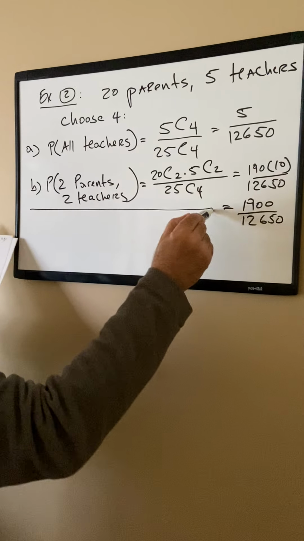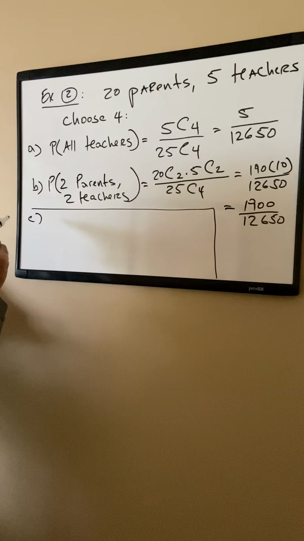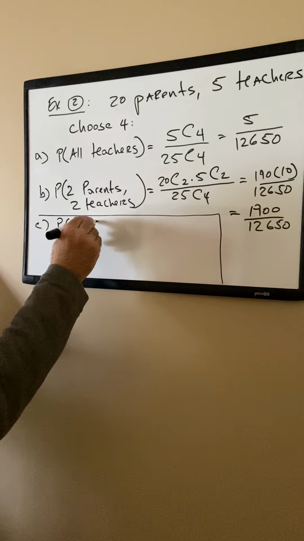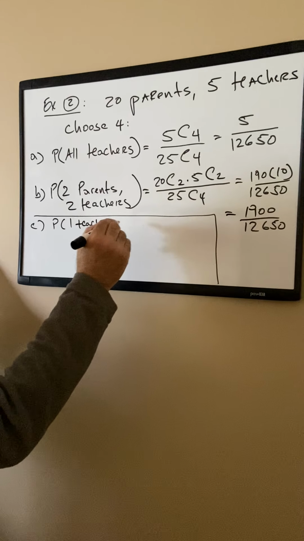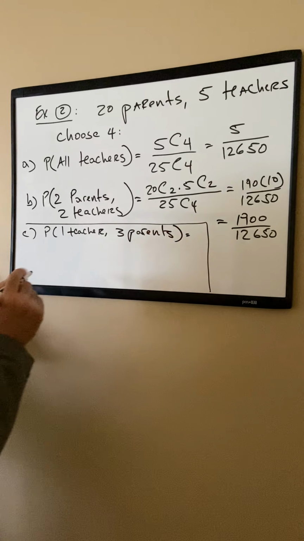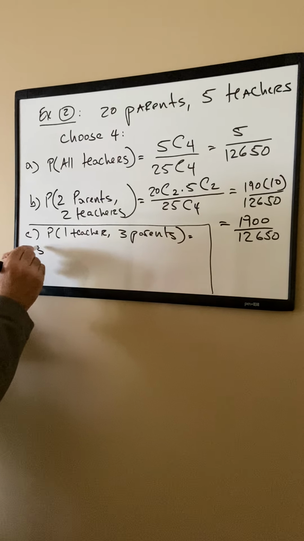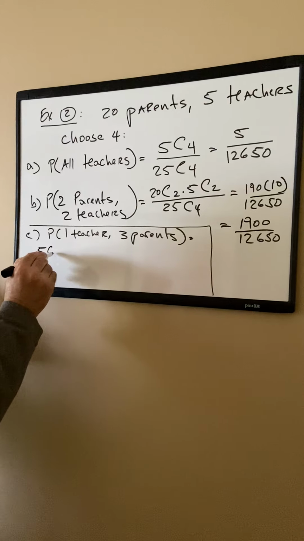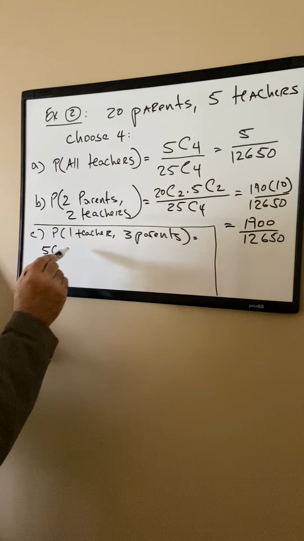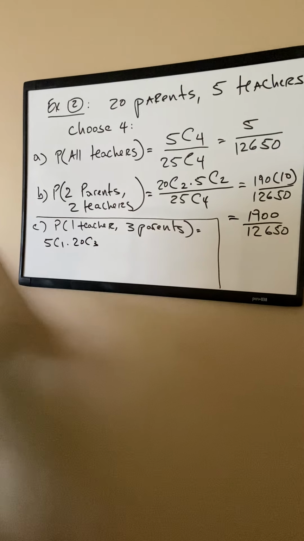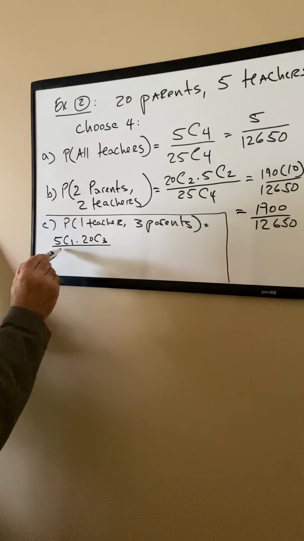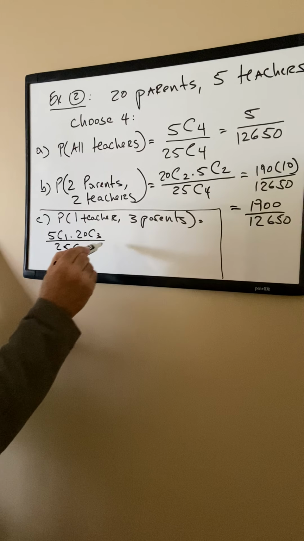For part C, the question is, what's the probability that we're going to end up with 1 teacher and 3 parents? Again, it's going to be 5 combination 1. We're going to select 1 teacher out of 5, multiplied by, we've got 20 parents from whom we're selecting 3 at a time, divided by always the same denominator, which is 25 combination 4.